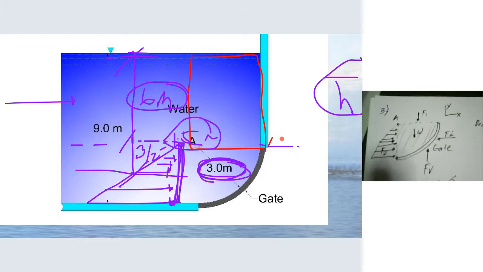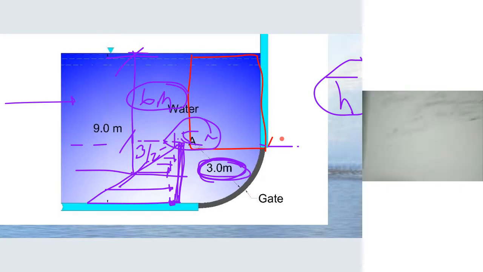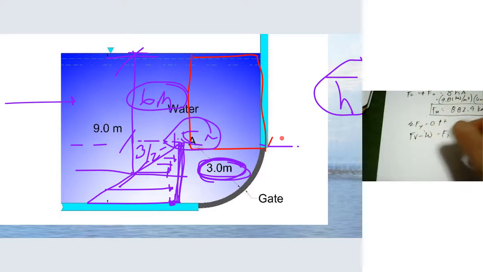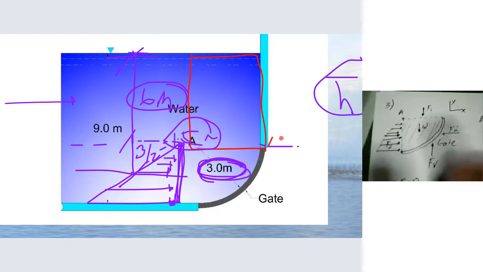Okay, let's look at the free body diagram for us to come up with the equation. So we have F sub b going up, and then we have F sub 1 and W going down. So the equation will become F sub b positive minus W minus F sub 1 equals 0. Okay, coming from this free body diagram.